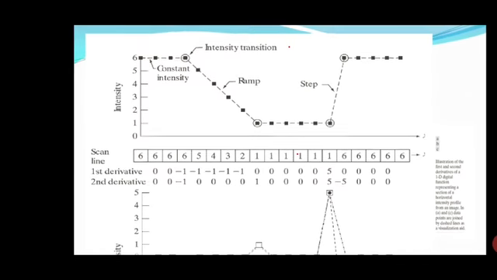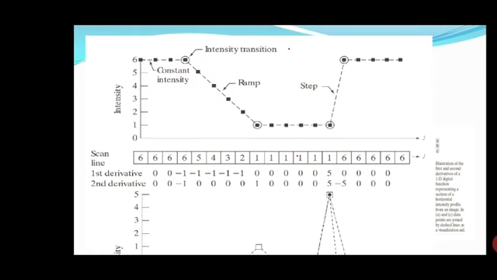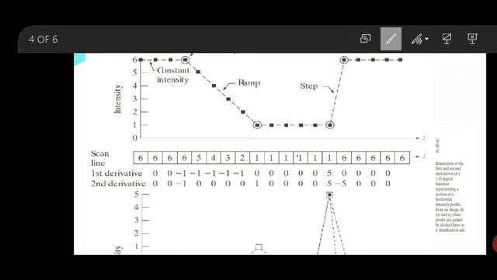Now let us see what the first derivative will be. Dou f divided by dou x is equal to f of x plus 1 minus f of x. Let us consider the first point. This is f of x, the current pixel. I'm performing a first derivative here to understand it.